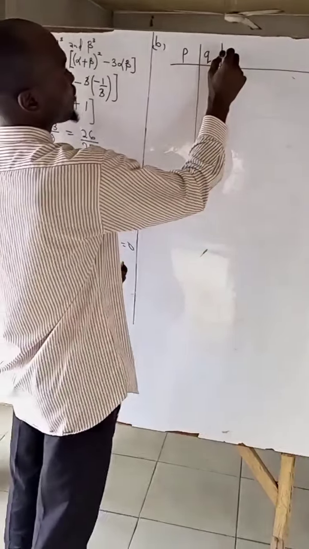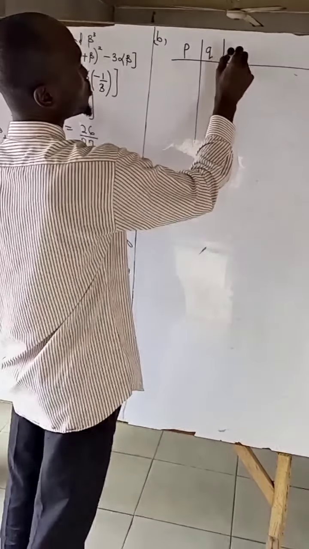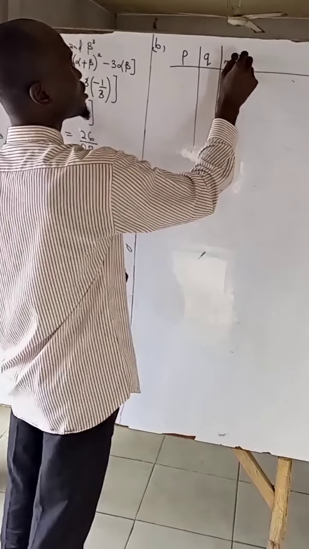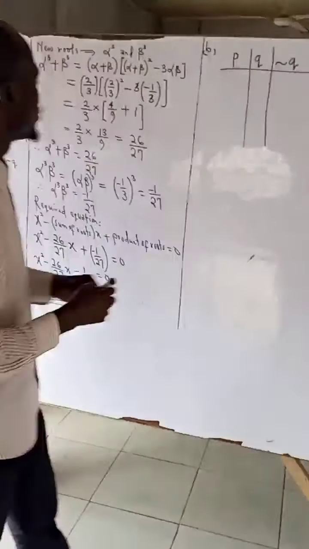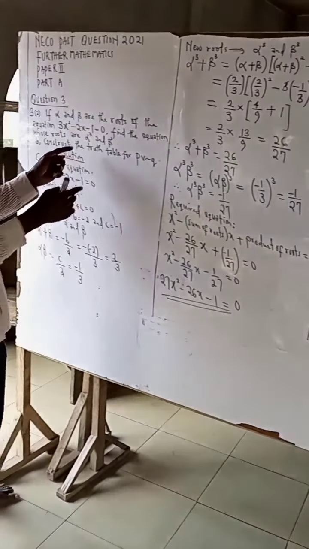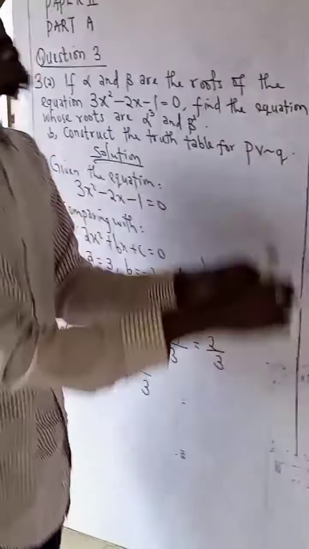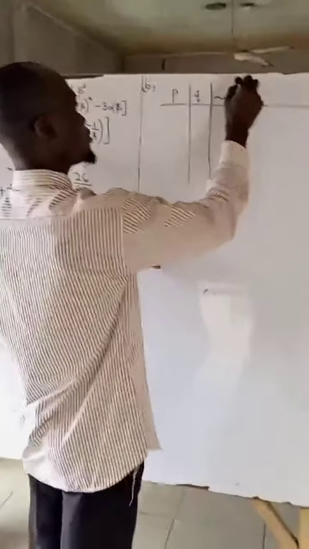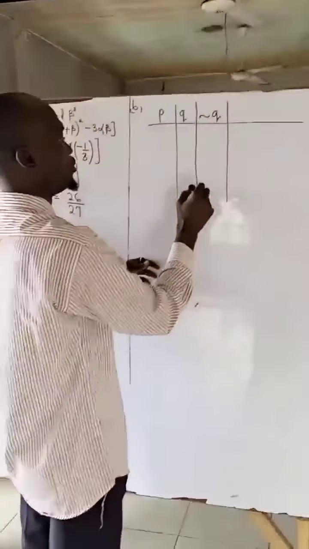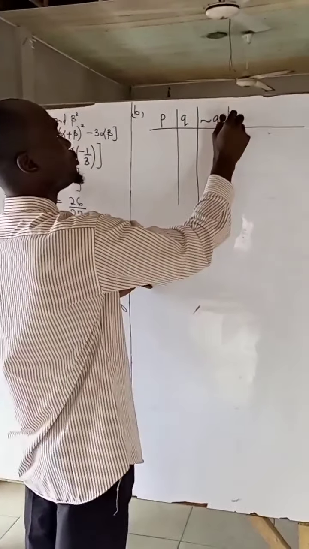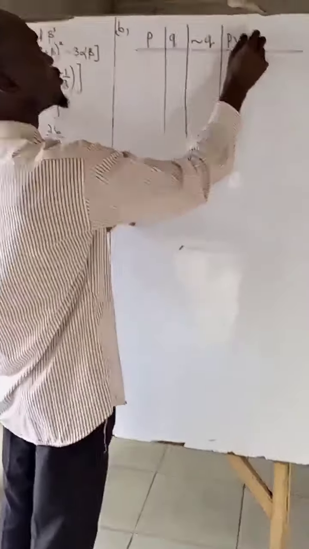This column should be for the negation of Q, because if we look at the question, we are asked to construct a table for P or negation of Q, not P or Q. So the last part of the table will be for P or negation of Q.